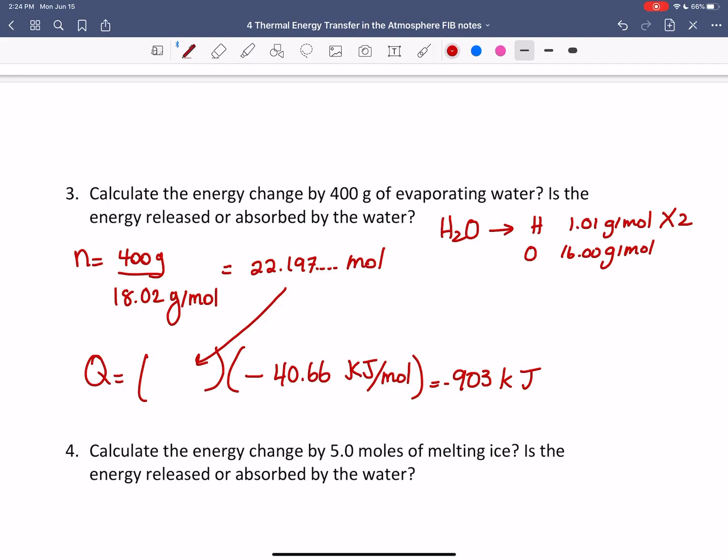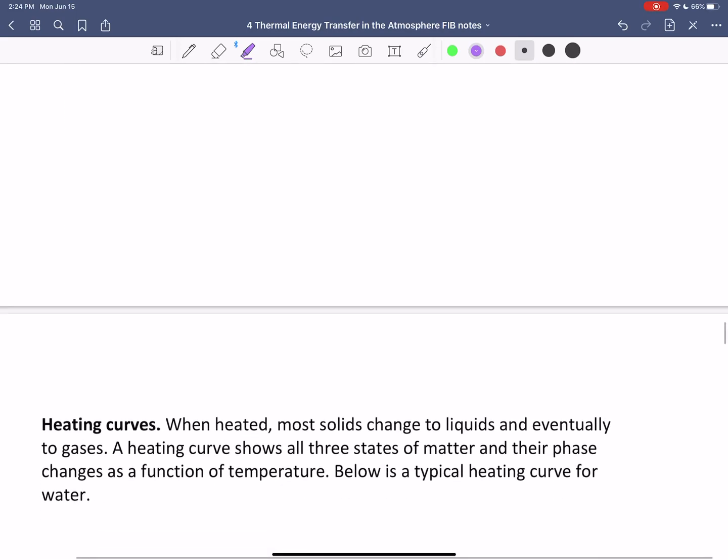And then it says the energy evaporating water. I have to put energy in, so it's going to be endothermic. I'm going to be adding. The water is going to be absorbing the energy. Okay. So then try the last one as homework as well.